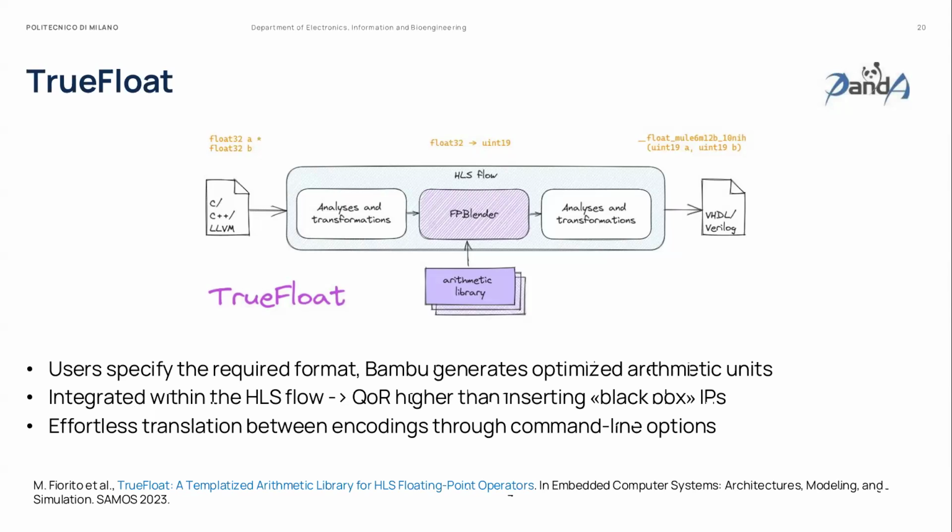This is fully integrated within the HLS flow, which means that with respect to libraries that give you the floating point unit, you can get higher quality of results because you can optimize these together with the rest of the data path instead of just placing them there as a black box. It's really easy to translate between different encodings. If you have different encodings in the accelerator, this is all handled automatically, and you can just change the command line option to try out many different configurations without ever touching your input code.